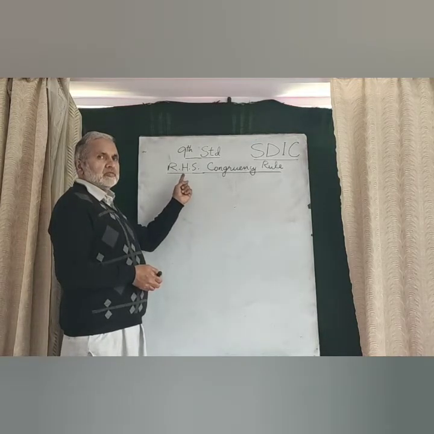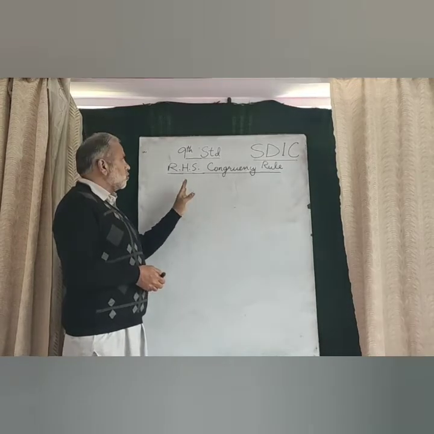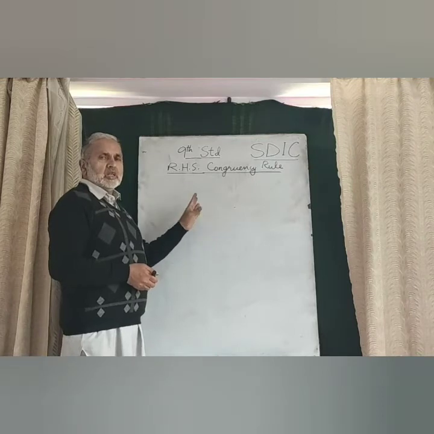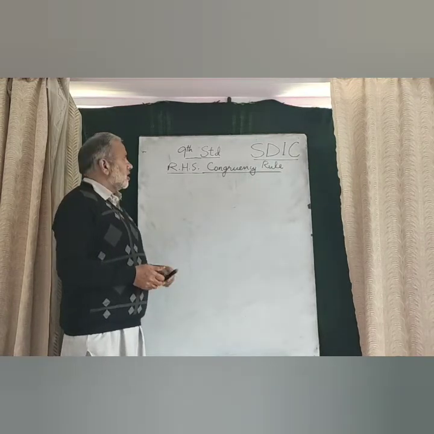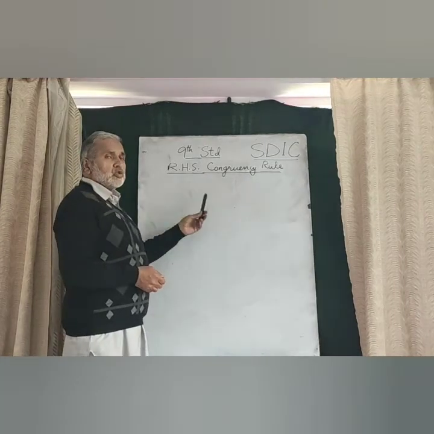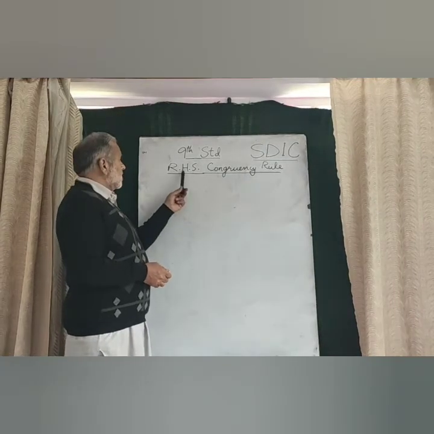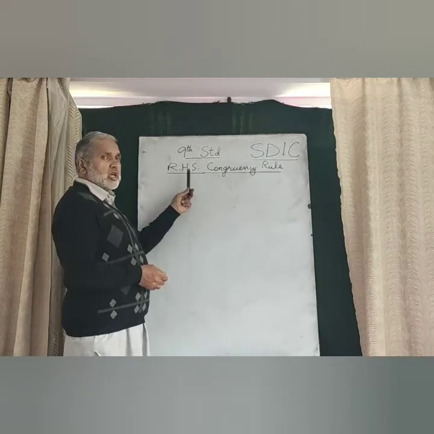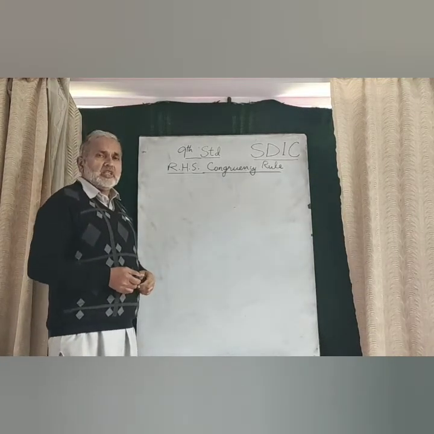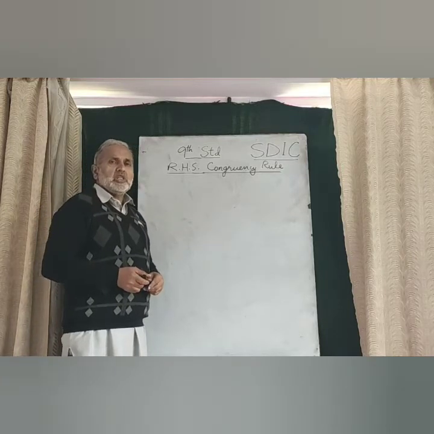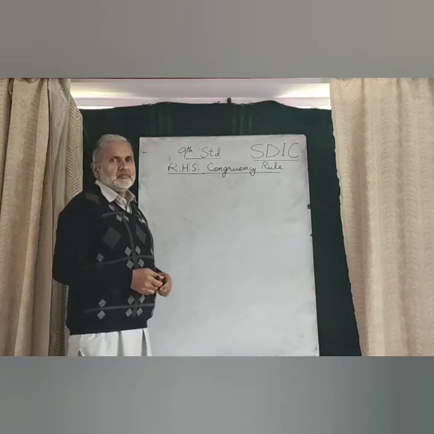R is for right angle. We'll have two right triangles. This rule will be applied therefore for proving congruency only in case of right triangles. Both triangles should be right triangles. Then H is for hypotenuse. It means the length of the hypotenuse of one triangle is equal to the length of the hypotenuse of another triangle.